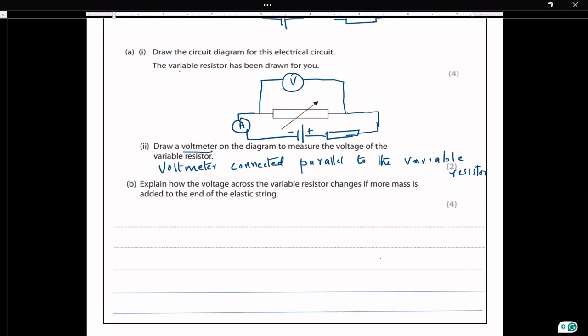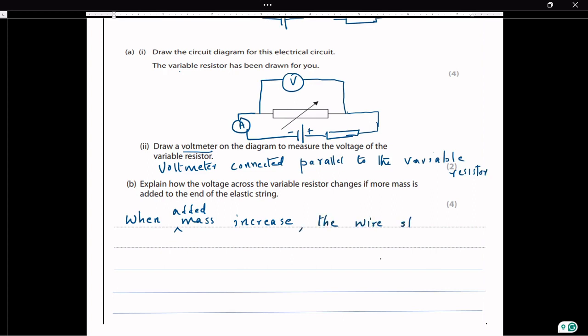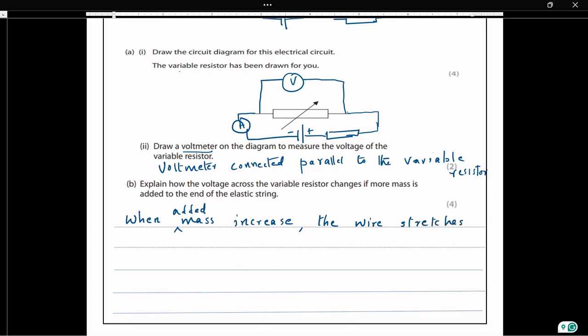When mass increases, that is the added mass increases, the wire stretches and the resistance of the wire increases.